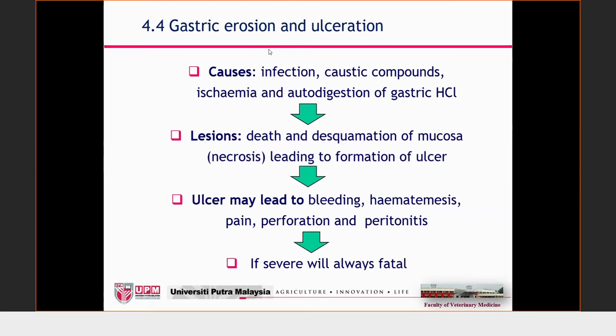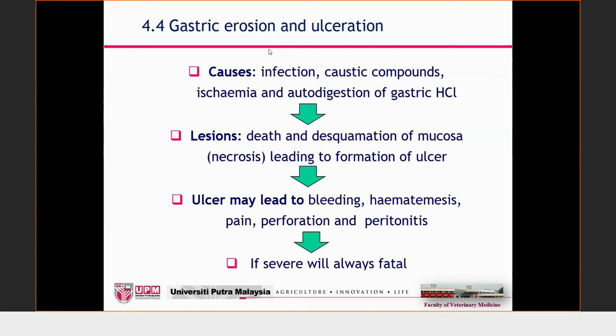Let me look at the consequences of gastric erosion and ulceration. As we discussed earlier, there are quite a number of agents that can cause gastric erosion and ulceration, such as infection, or caustic compounds, which lead to ischemia, and more commonly, autodigestion as a result of excessive production of hydrochloric acid.